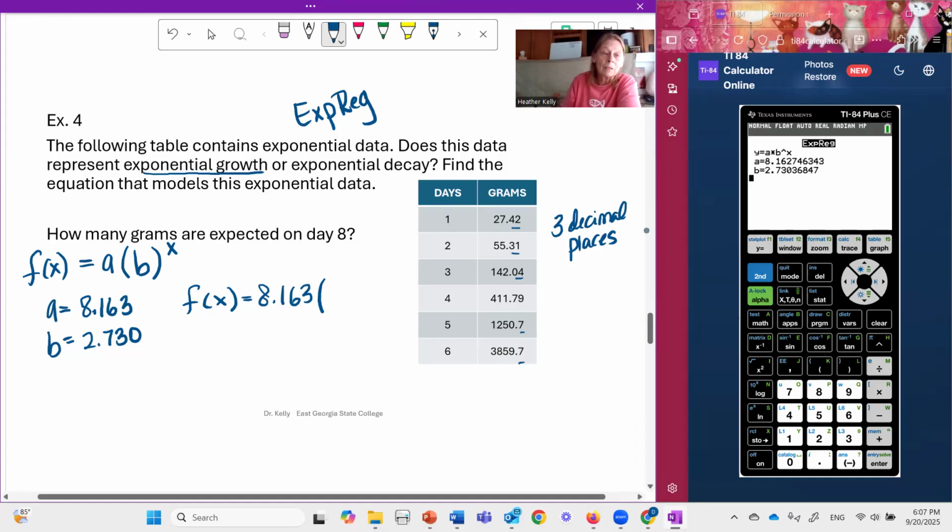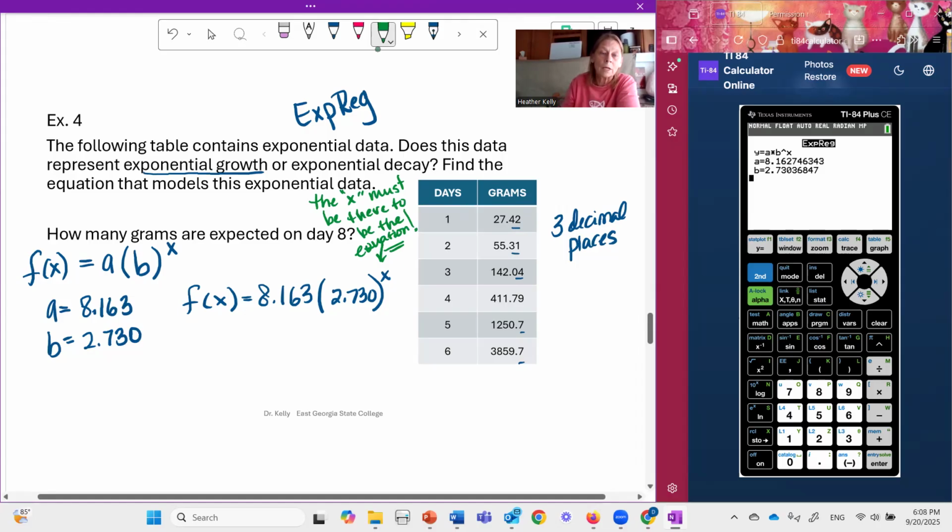Okay, and then the b is 2.730 to the x power. It must have the x in it to be the equation. The x must be there to be an equation. Okay, so it's got to be there.